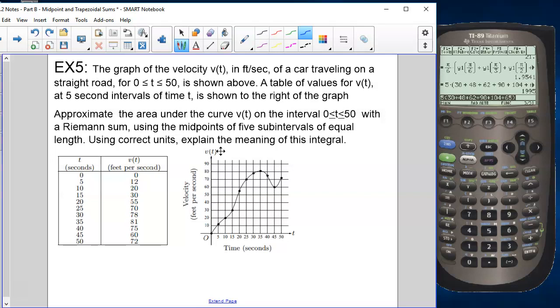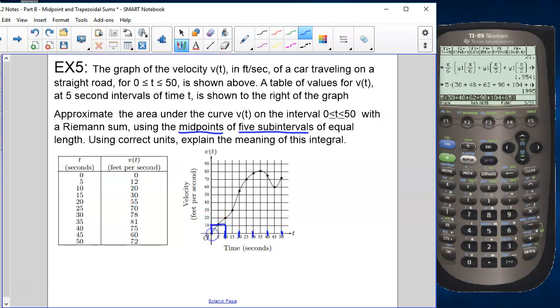So we have equal intervals here. They want us to do a midpoint Riemann sum with 5 subintervals of equal length. If we're going from 0 to 50 and splitting that into 5 subintervals, then 10, 20, 30, 40, and 50 are the places where we have our rectangles. But we are using the midpoint. You are not trying to add things together and divide by 2 to find the midpoint. The midpoint between 0 and 10 is 5, so use the value they gave you at 5.